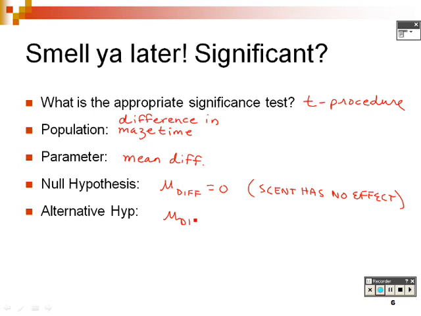On the other hand, our alternative hypothesis is that we think scent has an effect. In fact, we think that scent helps. And if scent helps, then the unscented time is going to be longer than the scented time, which means this is going to be positive.